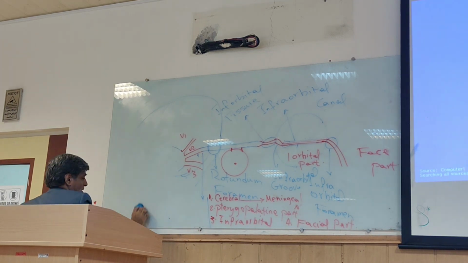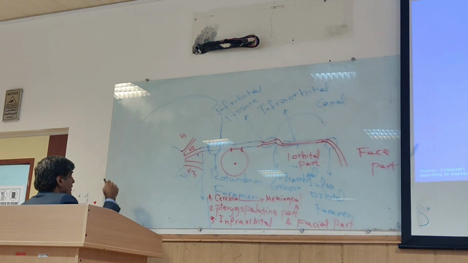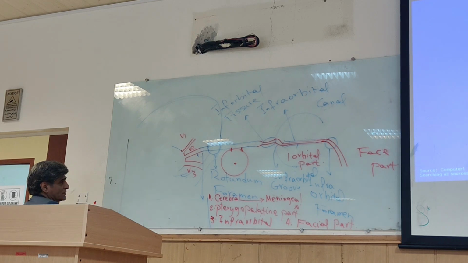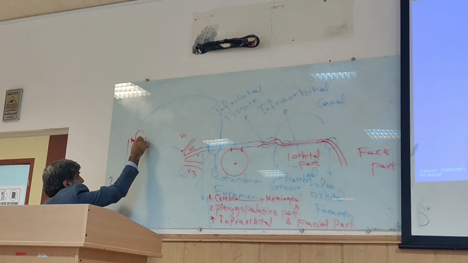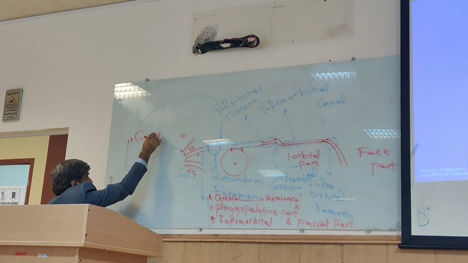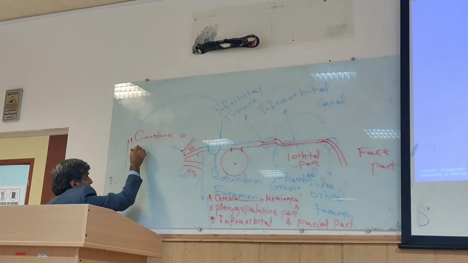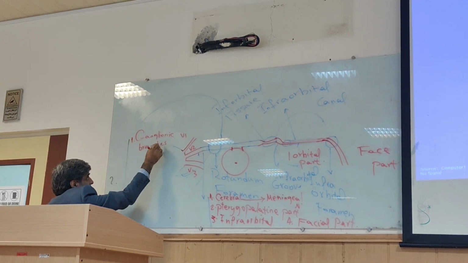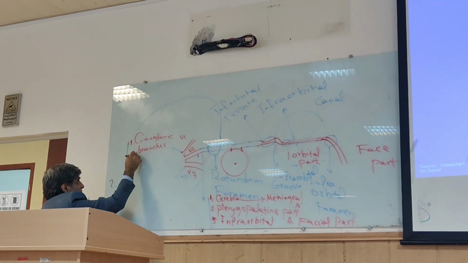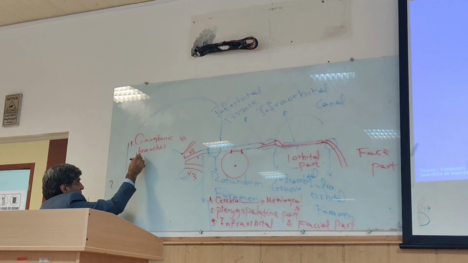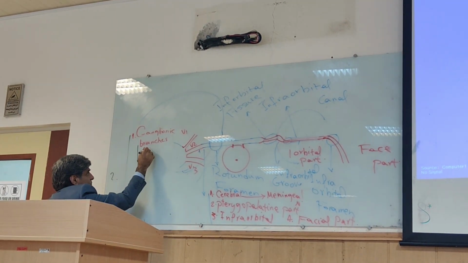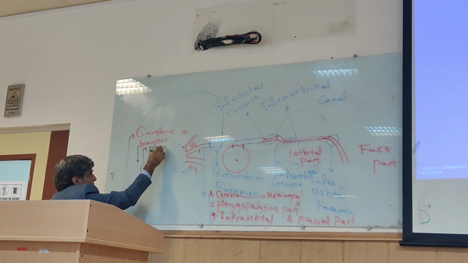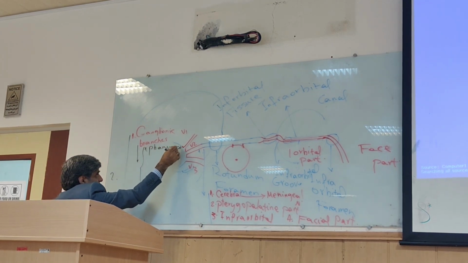Branches of the pterygopalatine part. One, the ganglionic branch. The ganglionic branch contains branches: one, pharyngeal.